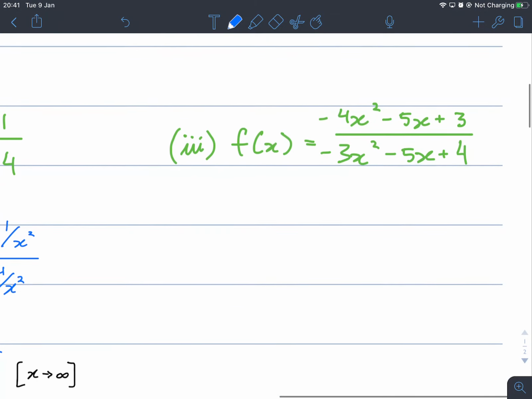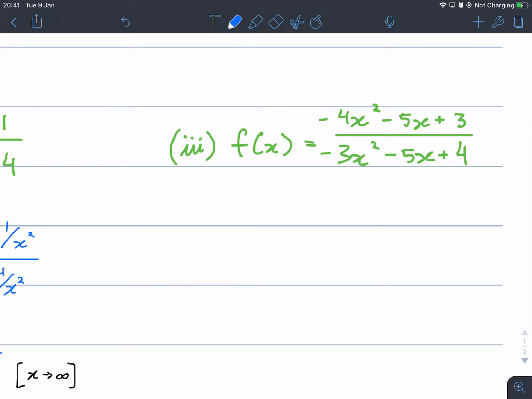In this last example, the largest power of x here is x squared. So we're going to divide every term here by x squared. So our function is going to look like the following. F of x is equal to negative 4x squared divided by x squared, minus 5x divided by x squared, plus 3 over x squared.